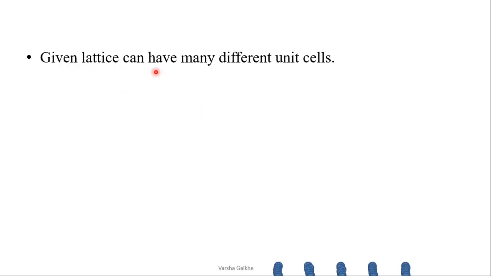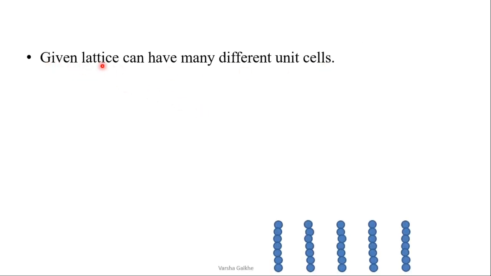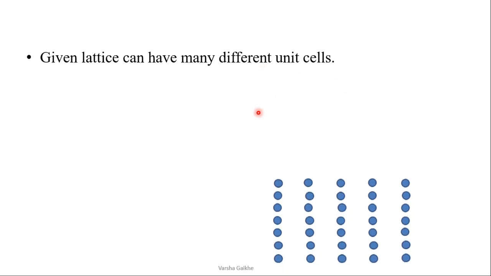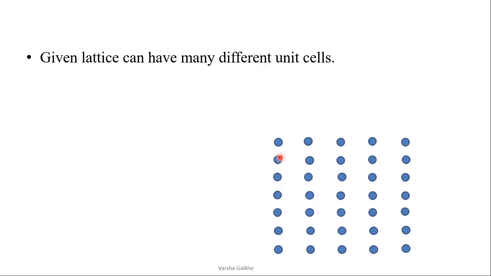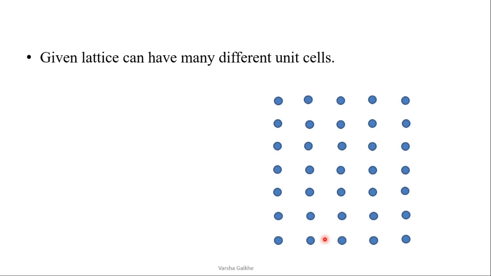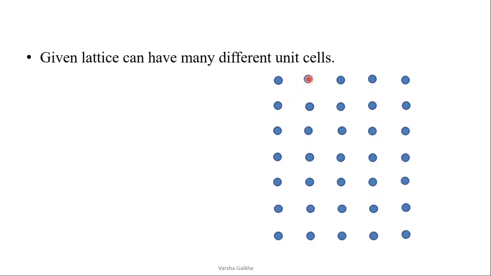Let's find out the different unit cells of a lattice, for which we have to generate a two-dimensional lattice once again. In this lattice, I am going to draw a unit cell. I have drawn a black geometry, and we can call this black geometry a unit cell as per our earlier discussion.